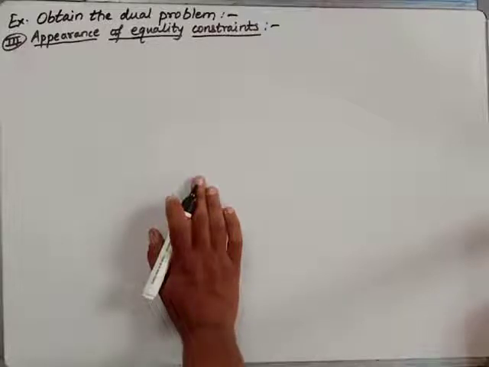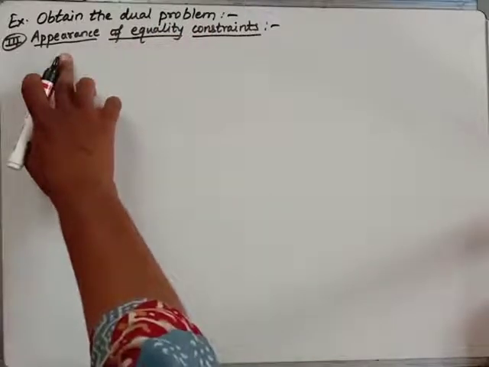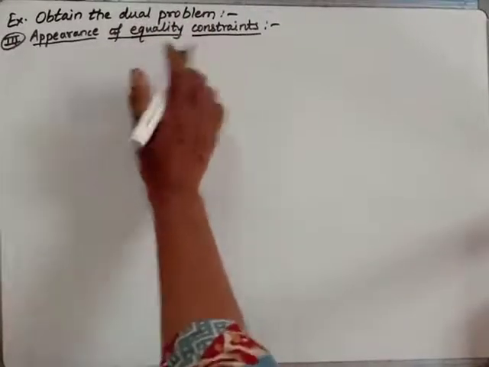Students, in this video we will also solve the problem of obtaining the dual from the primal. Now the third type I am taking is the appearance of an equality constraint.